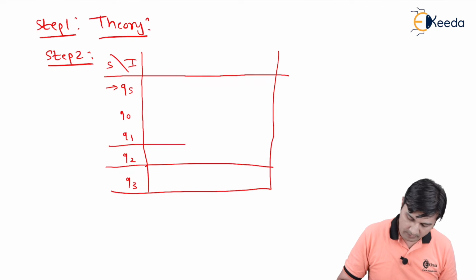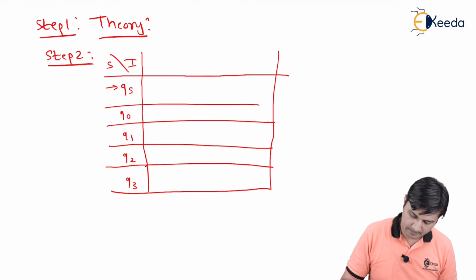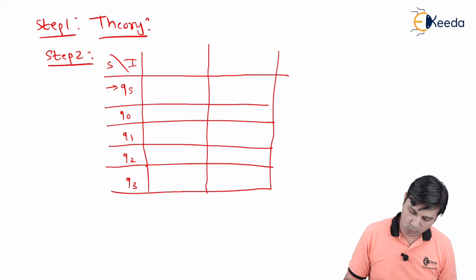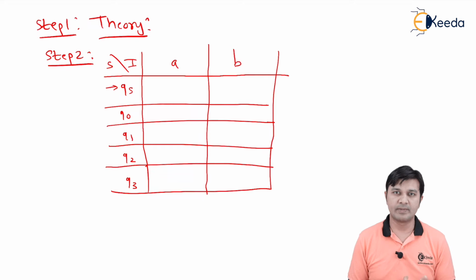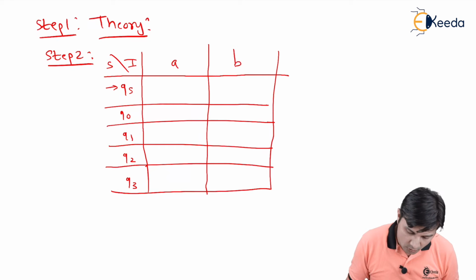The table will be complete like this. The possible inputs over here are a and b, and the states that we are going to mention are even-even, even-odd, odd-even and odd-odd respectively.